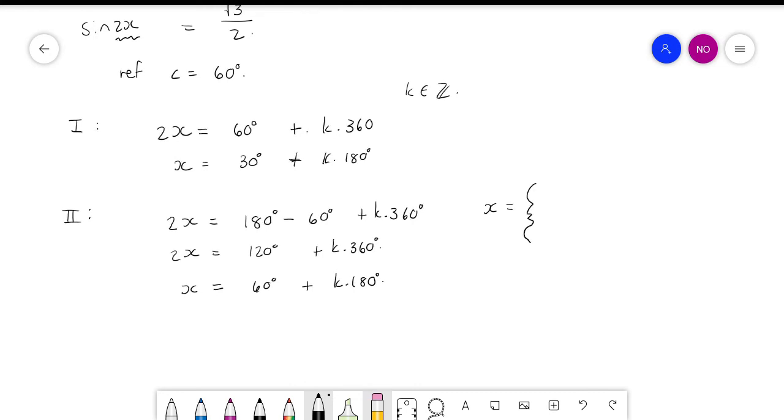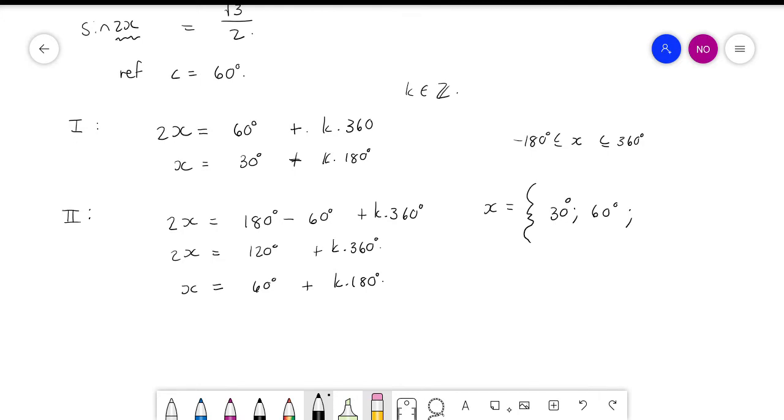Okay, maar nou soek hulle vir spesifiek hoeke tussen min 180 en 360. So skryf sommer die twee wat ons het neer. Do you agree that both 30 and 60 lie within the boundaries that we have to answer, né? 30 en 60 lê daar.